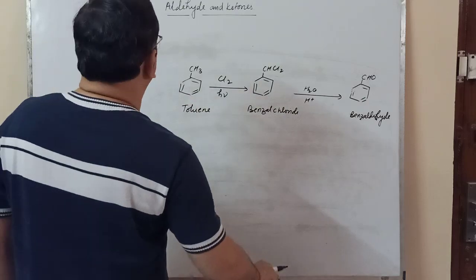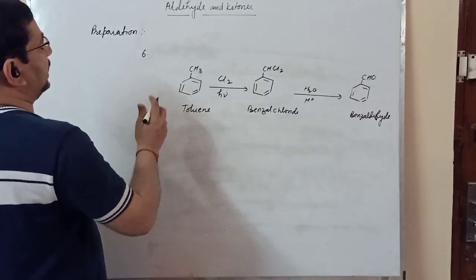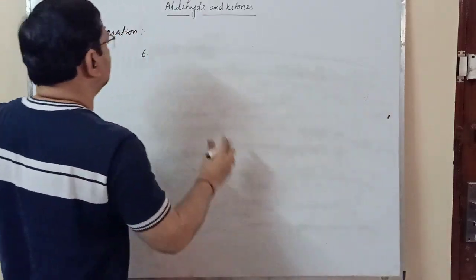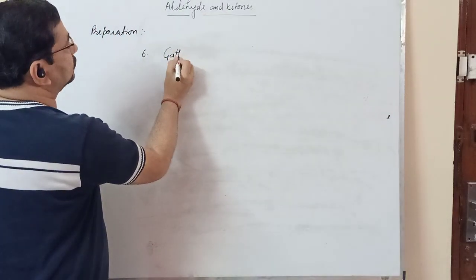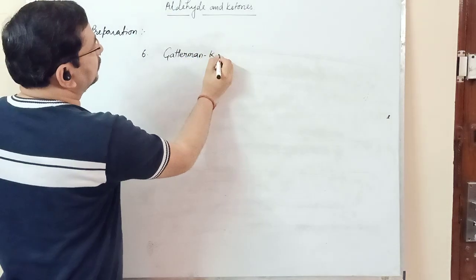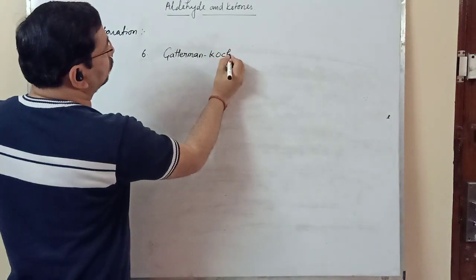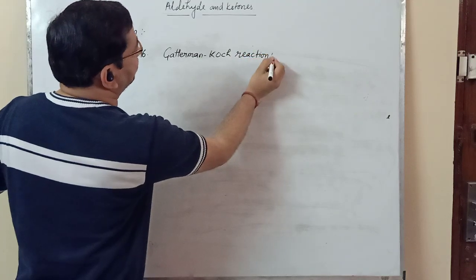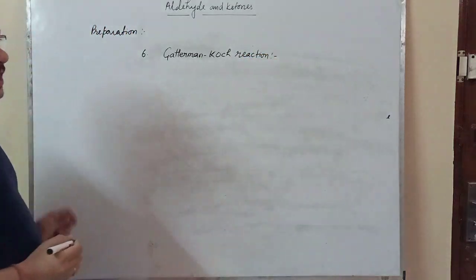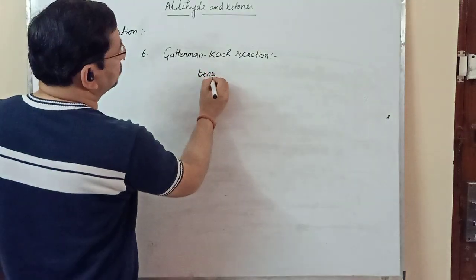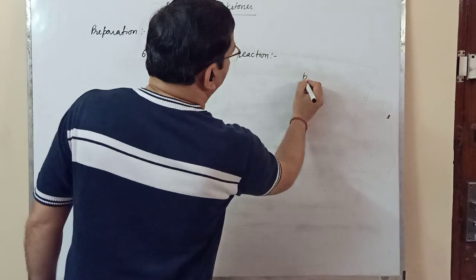Now the last reaction for the preparation of aldehyde, that is the Gattermann-Koch reaction, we have to discuss. In the Gattermann-Koch reaction, benzene is converted into benzaldehyde.